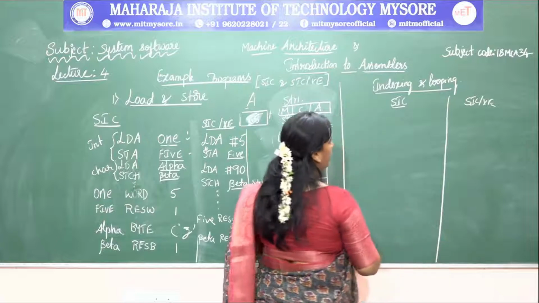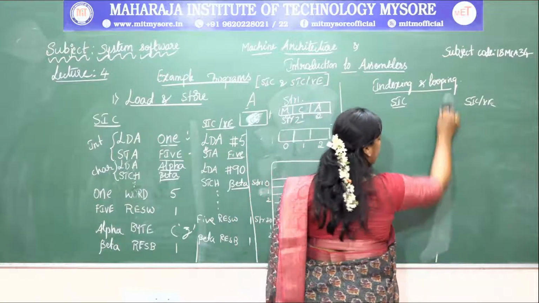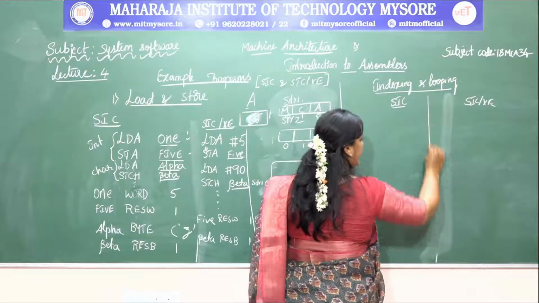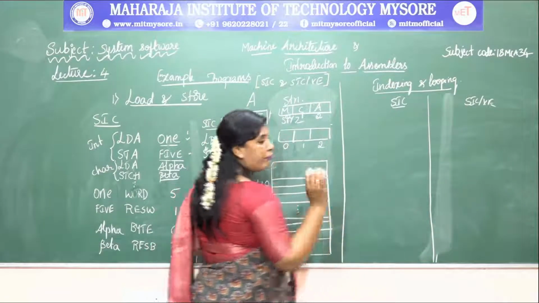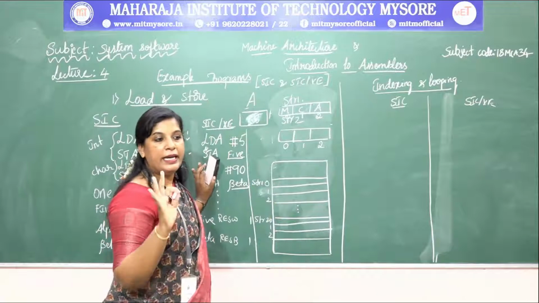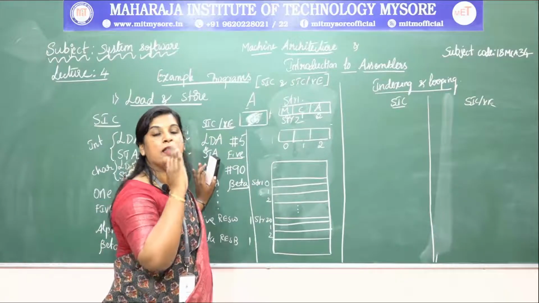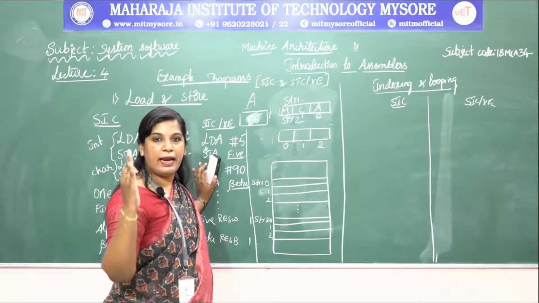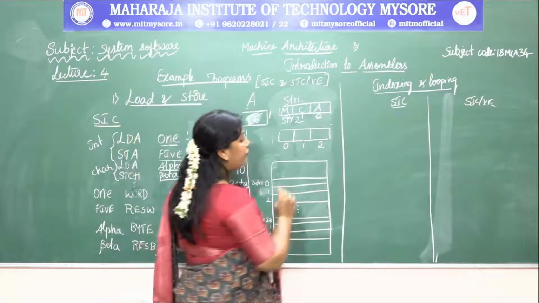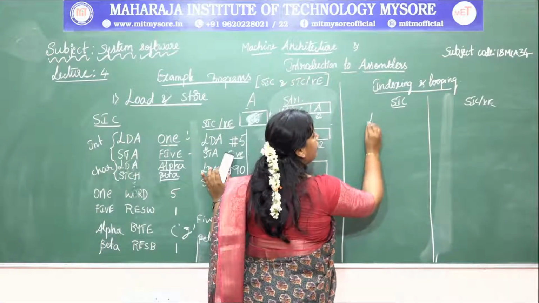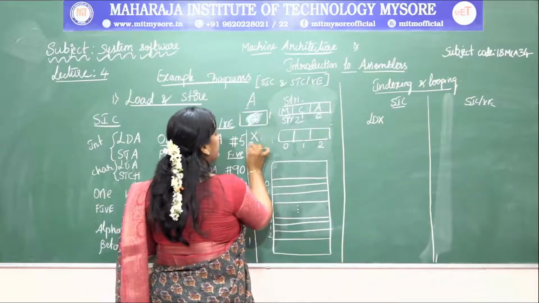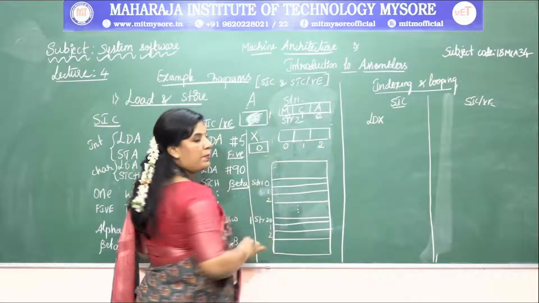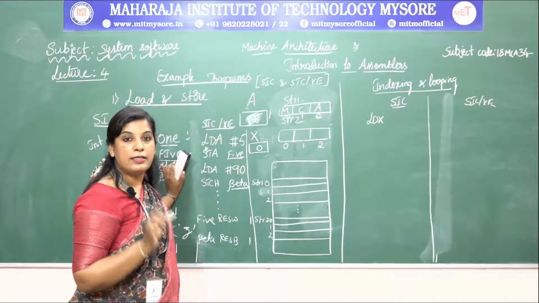First I will write the program by using SIC, then I will write the same program by using SIC/XE. Whatever program it might be, it has 3 different fields: the label field, mnemonic field and the operand field. First, we have to load the index register value. We have to initialize the index register value as 0 here.